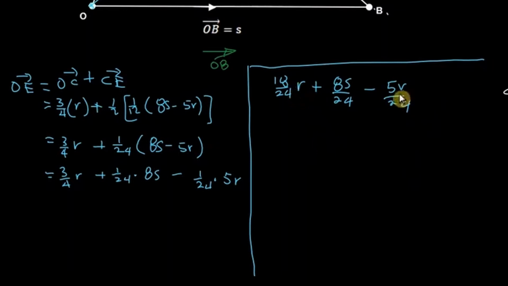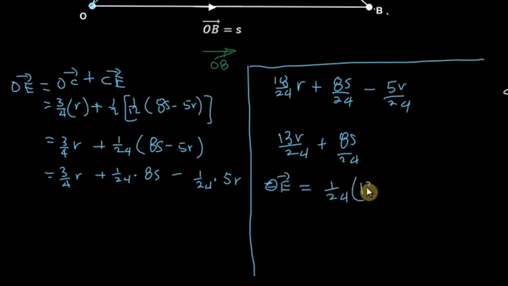We can apply straight addition and subtraction. So 18R minus 5R is equal to 13R over 24 plus 8S over 24. Finally, and after some effort, is equal to 1 over 24 into 13R plus 8S.